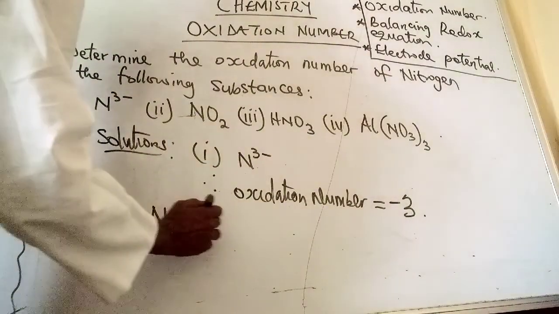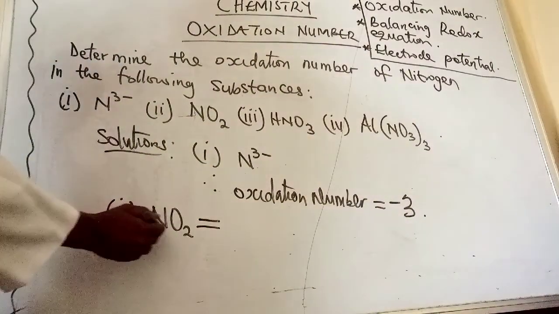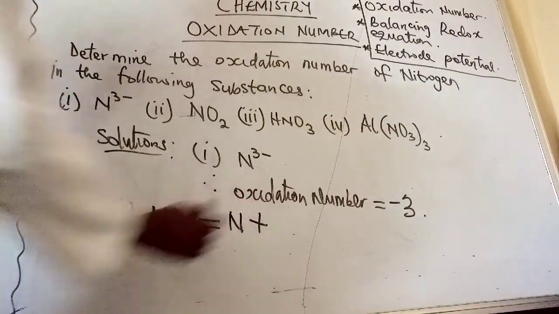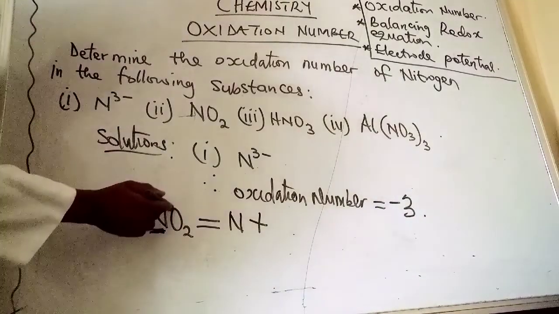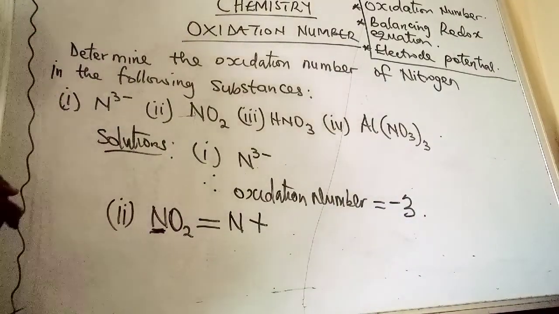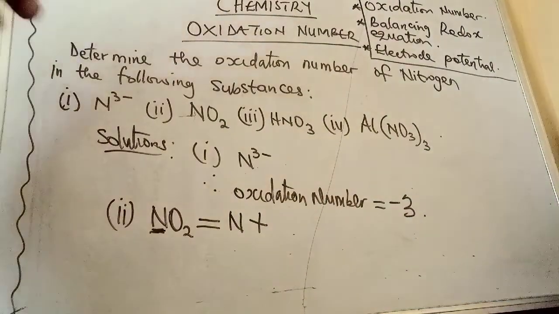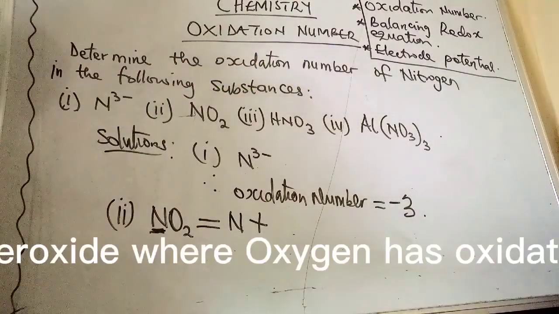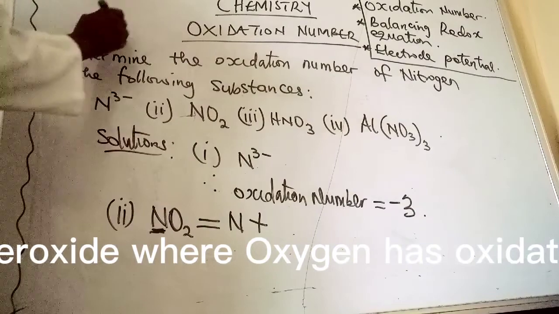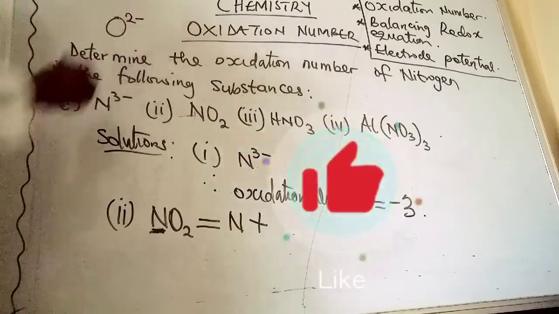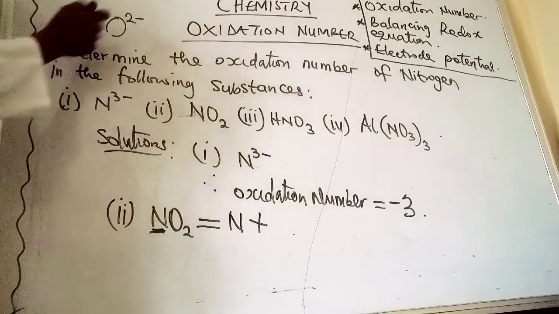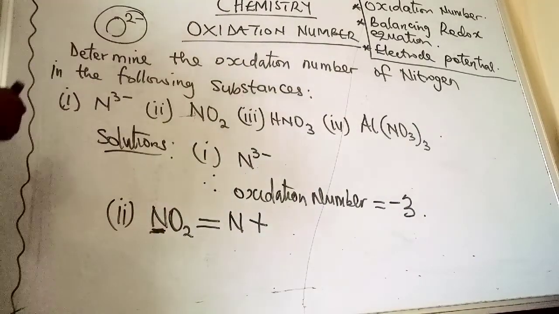Now, I'm finding the oxidation number of nitrogen. I'll write nitrogen plus oxygen. It's very important for every student to know that oxygen has oxidation number of -2, because if you are writing an oxygen ion, it will be written as O2-, as you can see here. So it's very important.